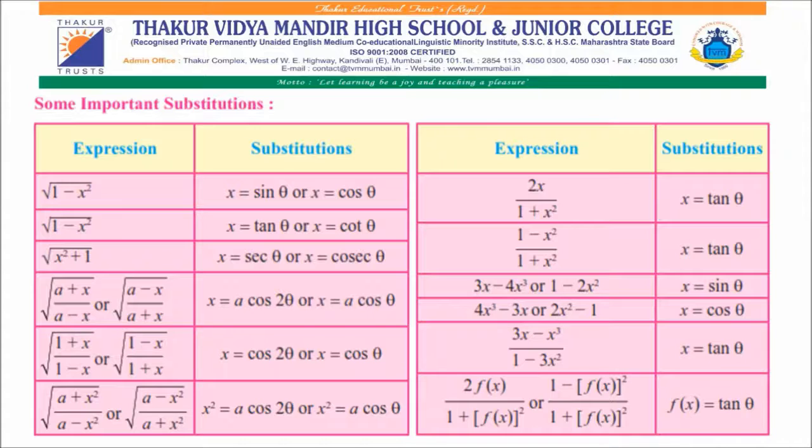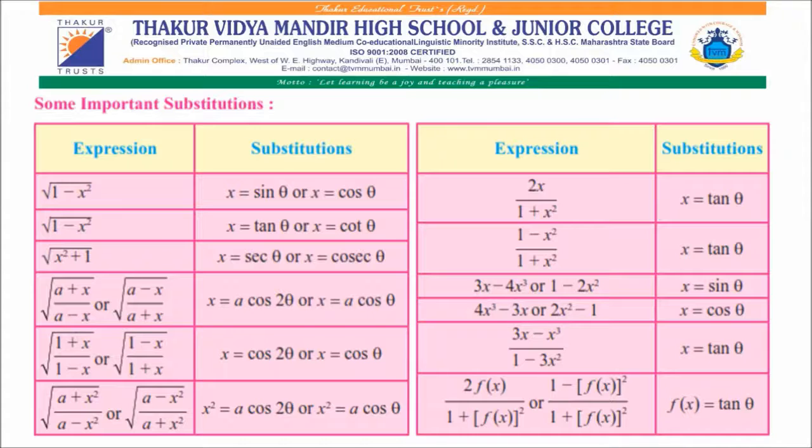Then coming to the next, for the expression 2x upon 1 plus x square, you have to take x equals tan theta. In the same way, for the expression 1 minus x square upon 1 plus x square, also you have to take x equals tan theta.